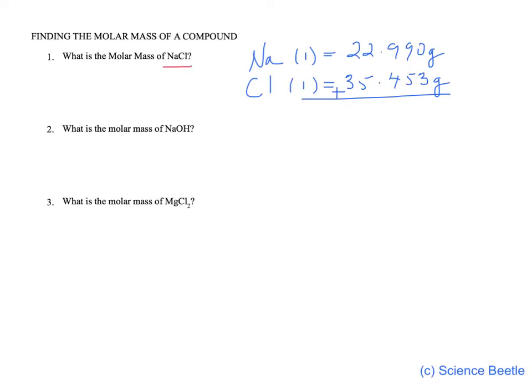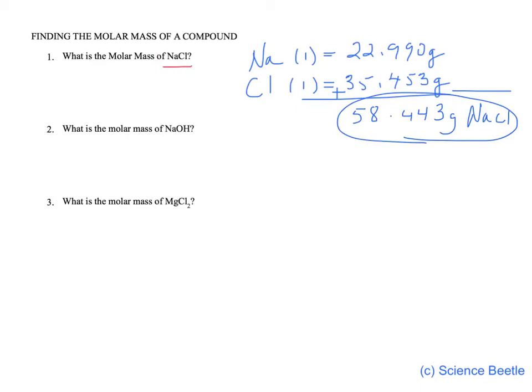Let me add those together, and we get 58.443 grams. This is going to be the mass of the entire compound, NaCl. Okay, so this here is your answer.